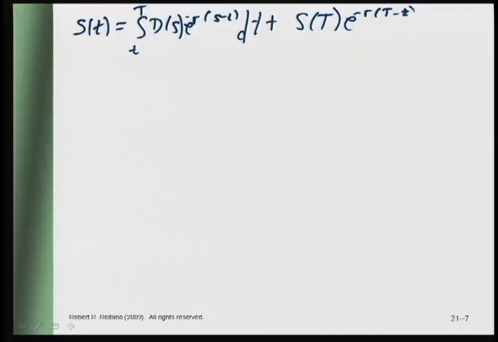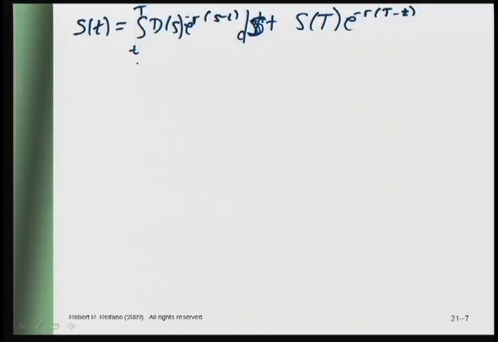Now, you may have forgotten how to differentiate an integral. The basic idea is that we have two values of t in this integral. We have a lower limit of integration, and we have a function of t inside the integrand.